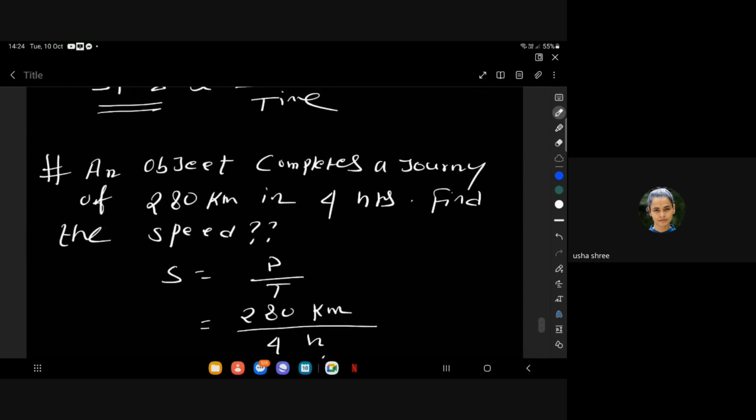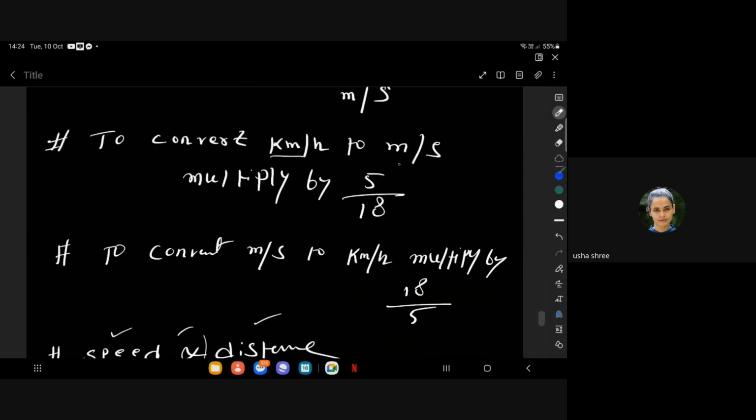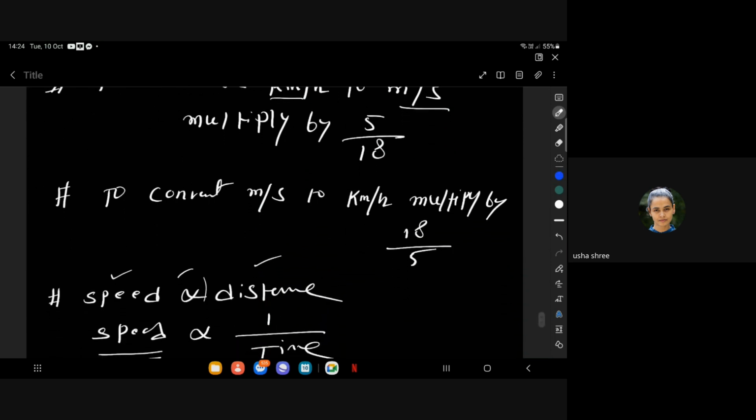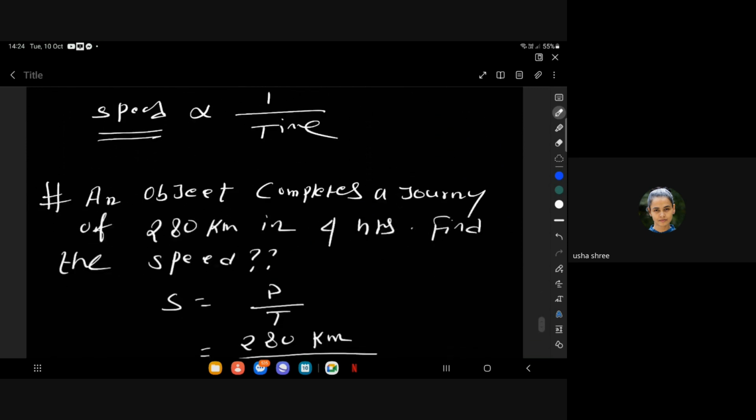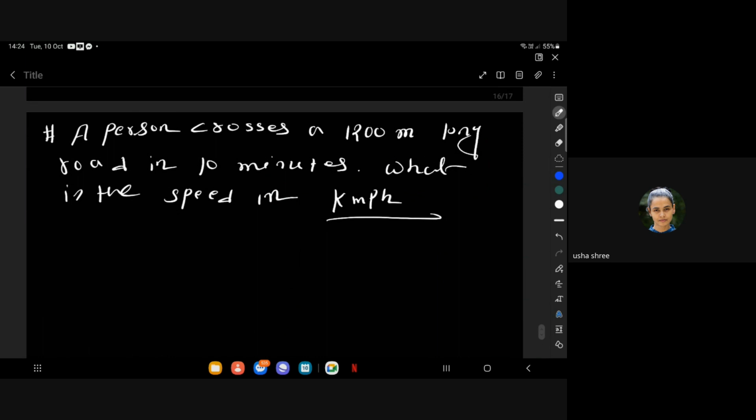And this is the concept I just told you. To convert kilometer per hour to meter per second, whatever the result will be, multiply by 5 by 18, and to convert meter per second to kilometer per hour, multiply by 18 by 5. But here the time is in minutes, not in seconds.